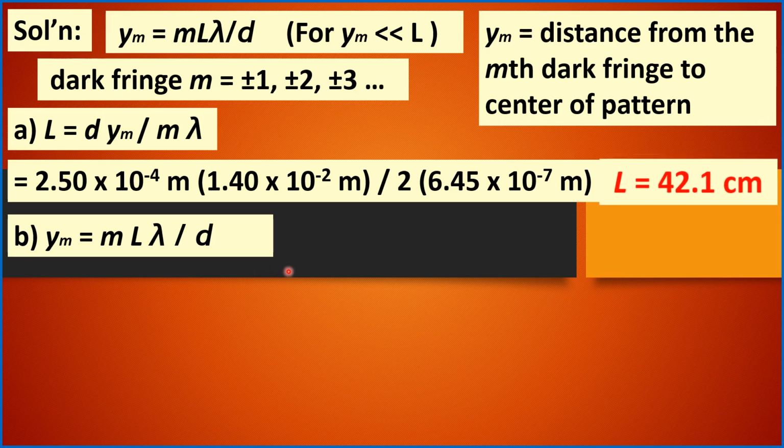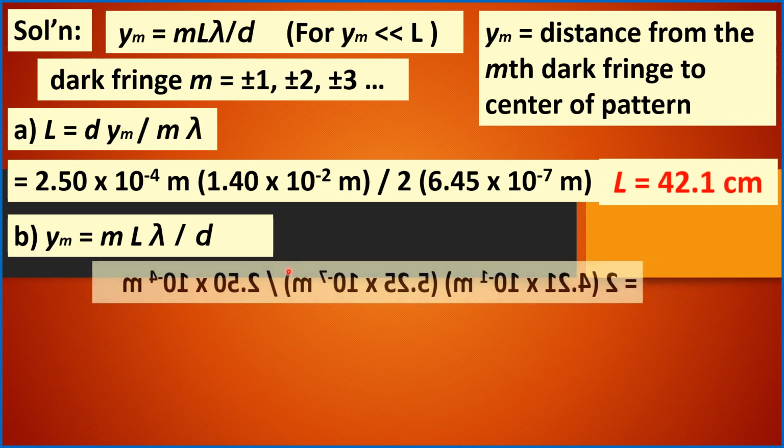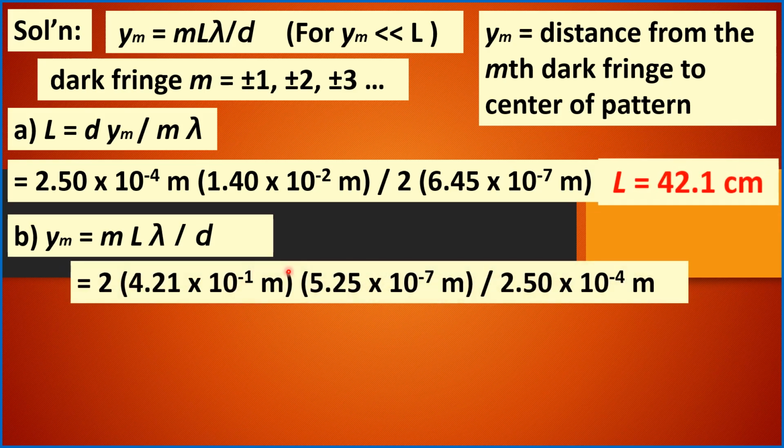The wavelength for question letter B has been changed to 5.25 times 10 to the negative 7 meters. But we are still talking about the second minima. y sub m is the distance from the second minima to the center of the central bright band.